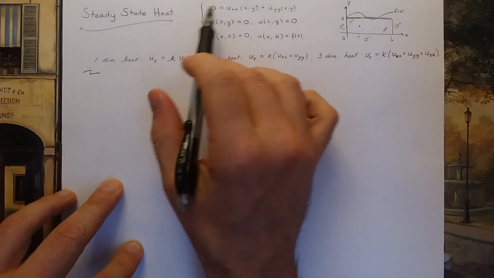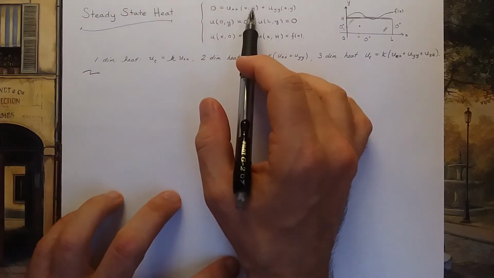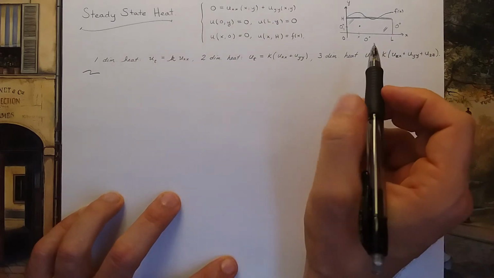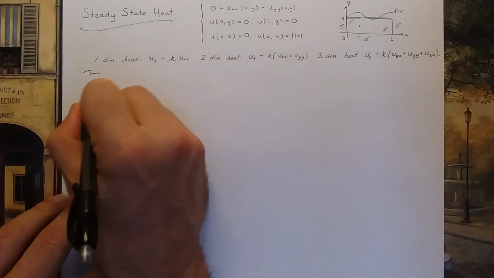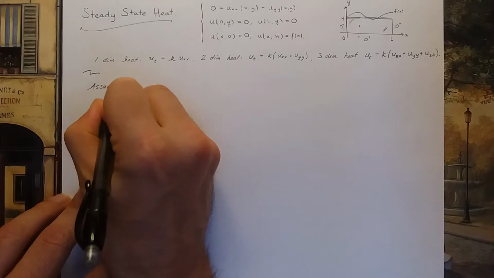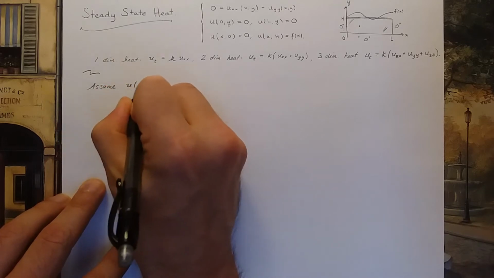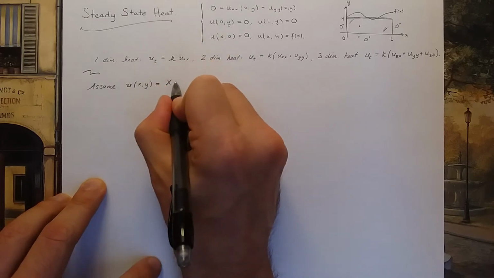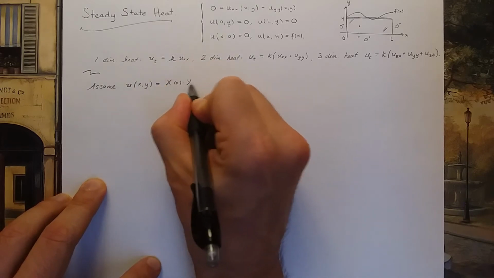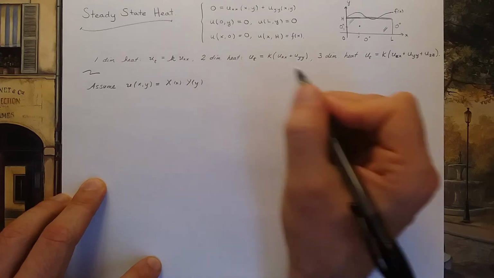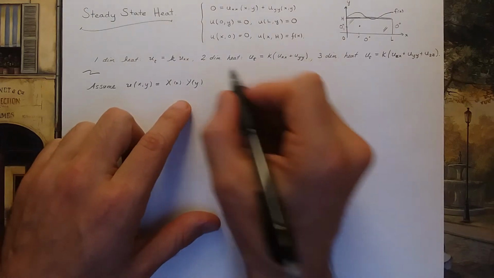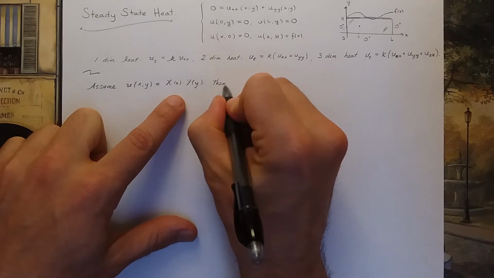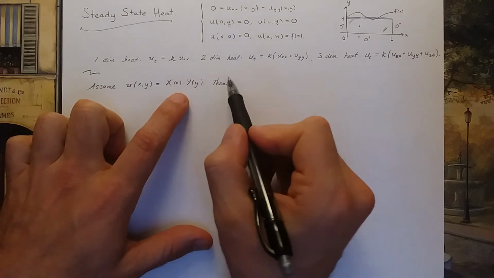So I could solve this steady state heat problem in the same way that we solved the one-dimensional heat equation. We could start by assuming that my solution can be written as some function of x times some function of y. What this assumption allows us to do is take partial derivatives very easily.